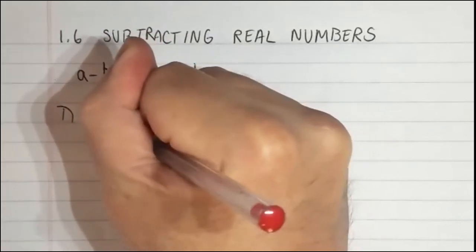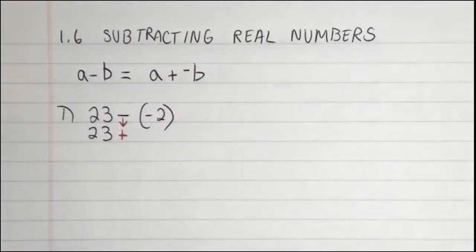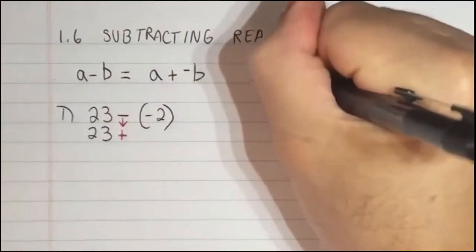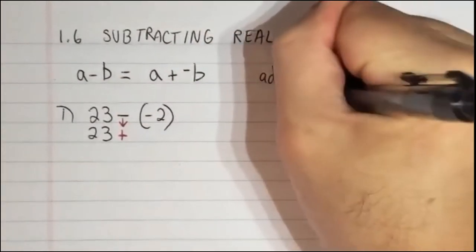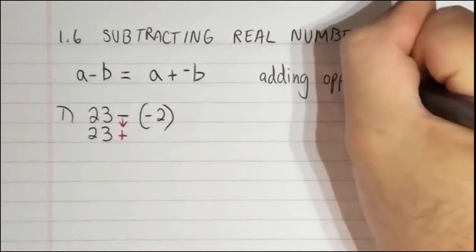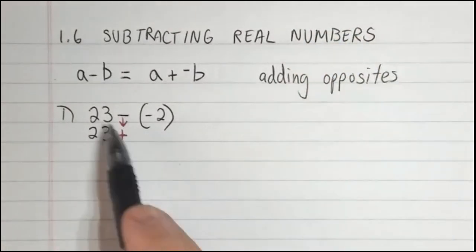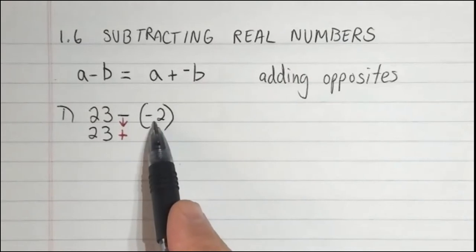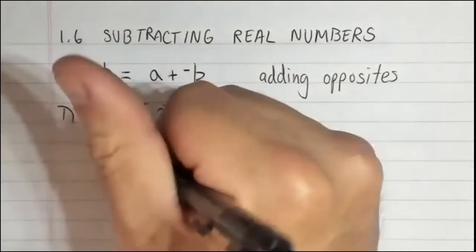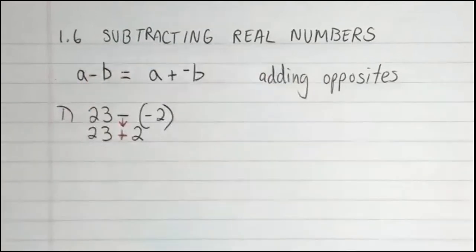We are always adding opposites. Now what is the opposite of negative 2? The opposite of negative 2 is a positive. We don't have to write plus a plus, you can just leave that as plus positive 2.